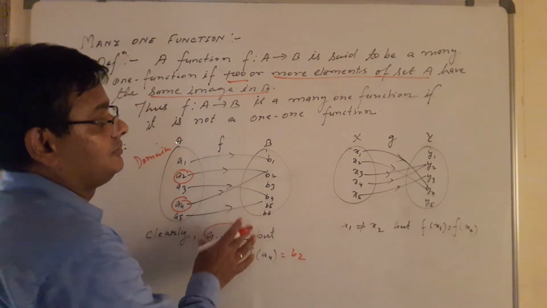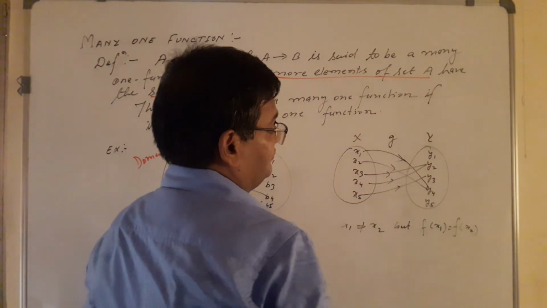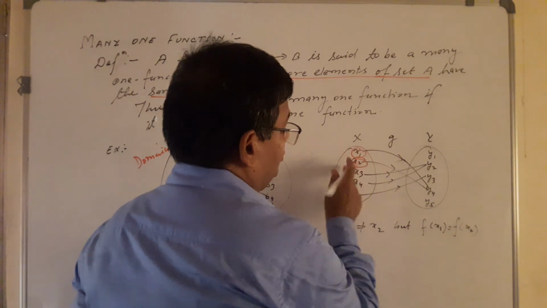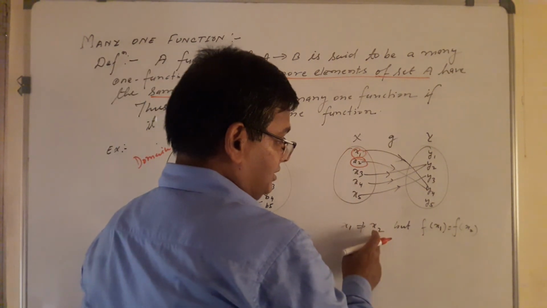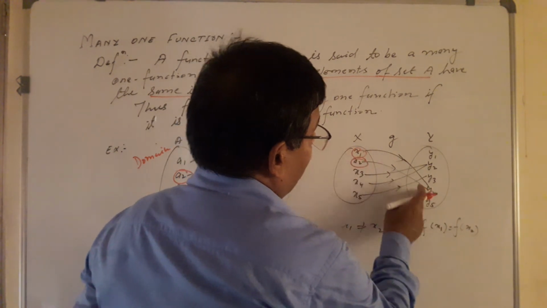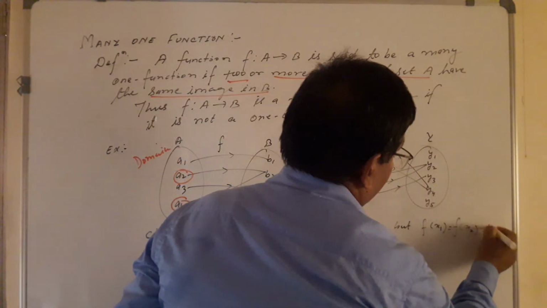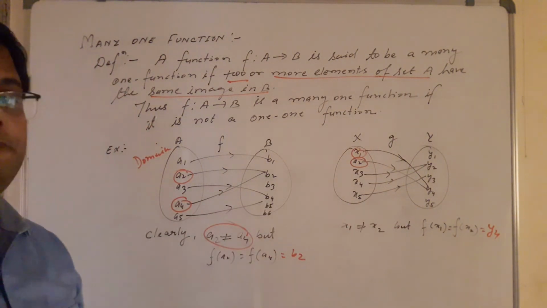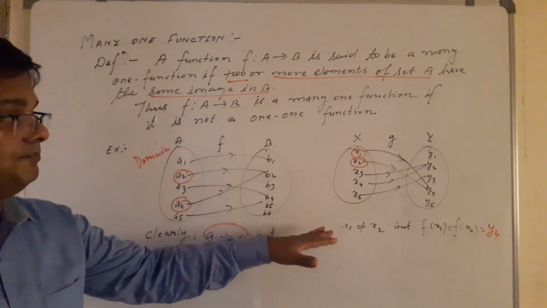So this function is called a many-one function. Similarly, function g from X to Y: x1 and x2 are two different elements of domain X, and x1 is not equal to x2, but f(x1) is equal to f(x2). f(x1) is y4 and f(x2) is also y4. So this function is also many-one. If the given function is not one-one, it means the function is many-one.